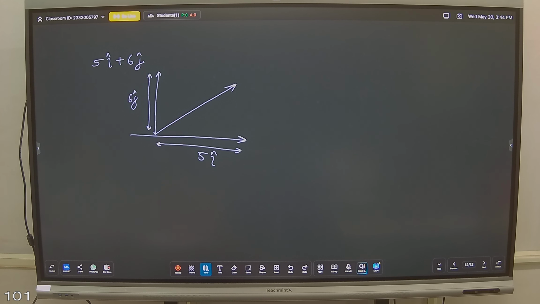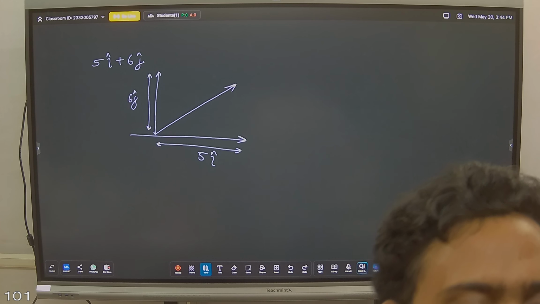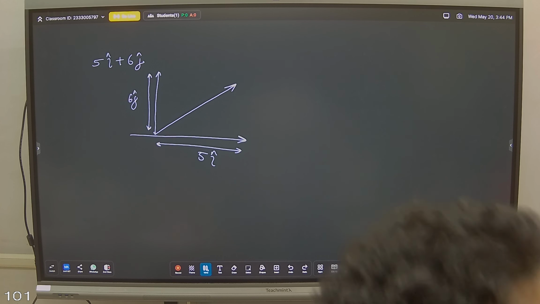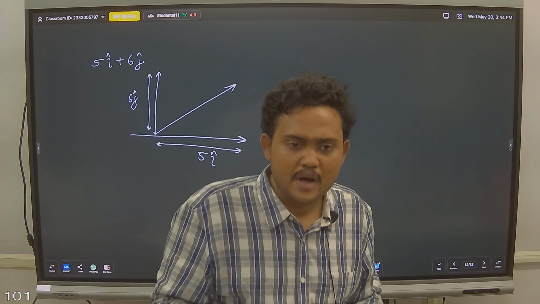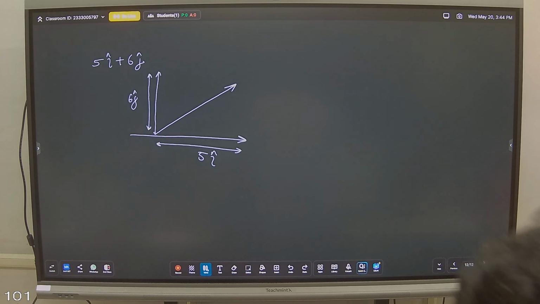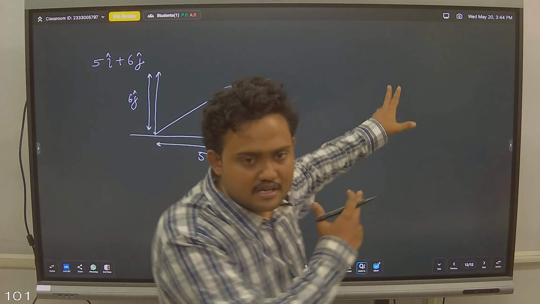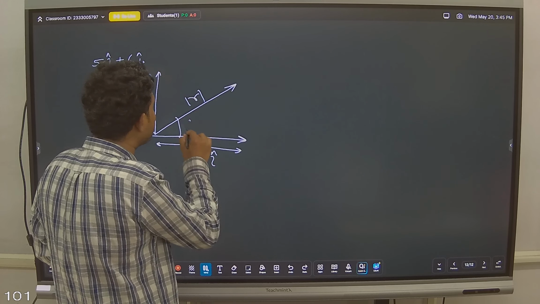So the way we write things in terms of unit vectors is by splitting the vector into rectangular components. Do you understand? We traditionally do that in the x and y axes, which is why you have something like 5i plus 6j to represent a vector. You can also represent a vector in polar coordinates, where you give a particular length and a particular angle.